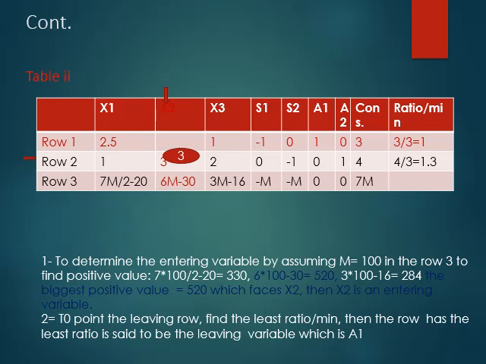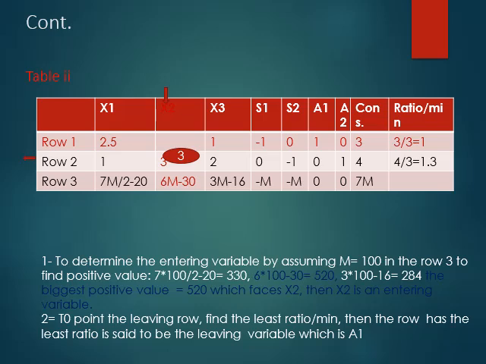Divide the column of constants over the column of x2 and find the least result of this operation. Then point where the least result has happened. Okay, check.